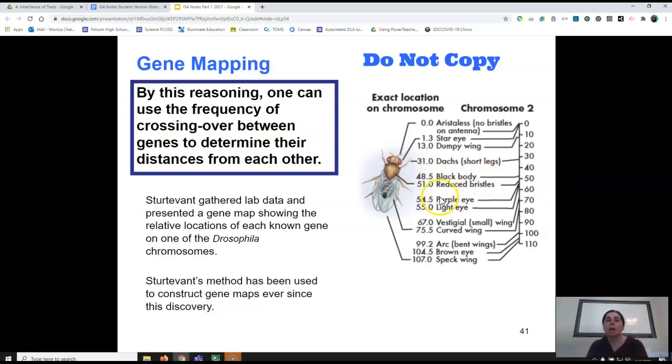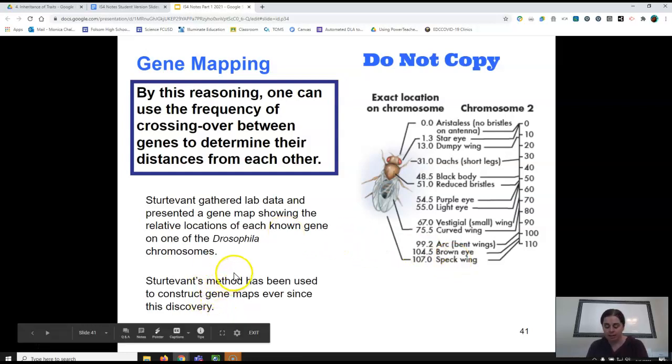You'll also be more likely to find purple eyes and light eyes than purple eyes with aristaless, which is no bristles on the antenna. Okay, so these things are showing you how, if they're closer together, they're probably going to stay together on that chromosome. But if you have opposite ends, that's where you run into trouble, they probably will not stay together. It may very well split up. Okay. All right, that is the end of that.